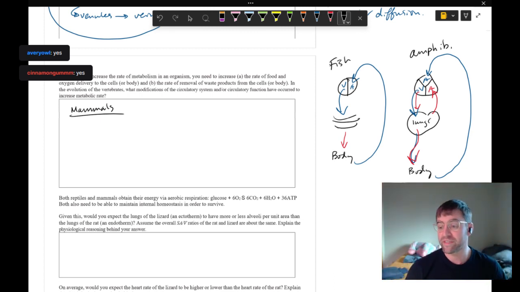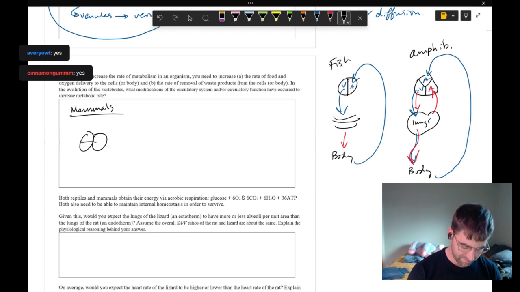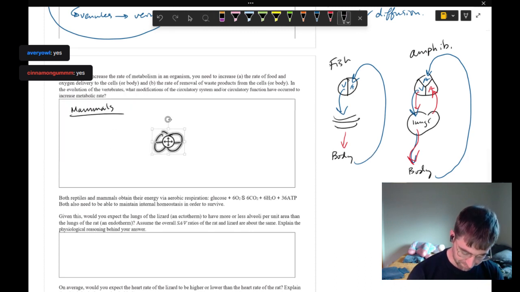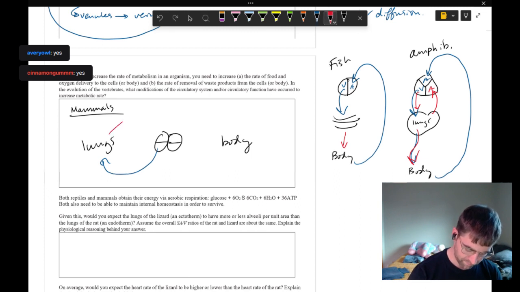Mammals essentially have two hearts, right? I'm drawing this as a figure eight for a reason.